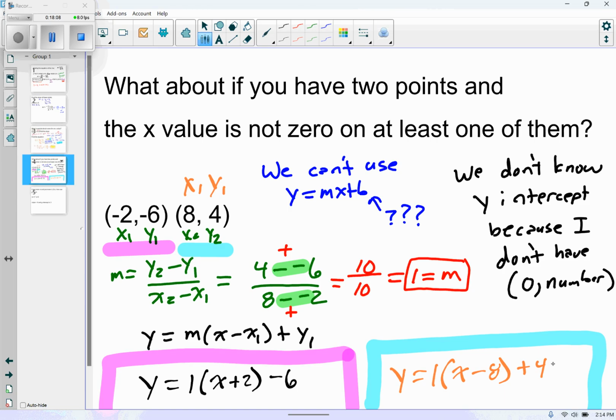So this is called the point-slope equation. You might have a different answer than your neighbor, not because either of you did it wrong. It's just your neighbor might have labeled x1, y1 as the first spot, and you might have labeled x1, y1 in the second spot.